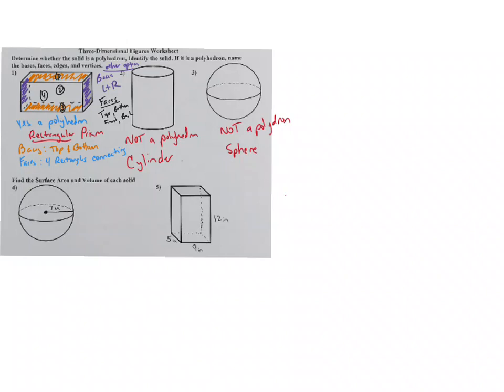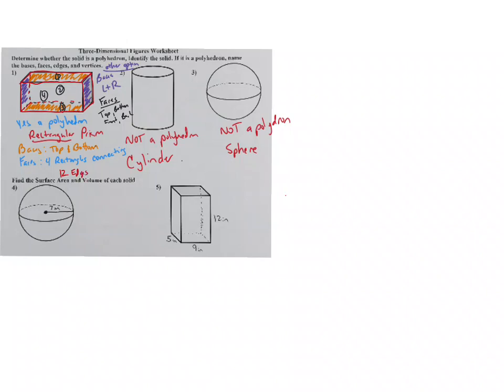Now, the edges, that's all the line segments. So there's an edge, that's 1, 2, 3, 4, 5, 6, 7, 8, 9, 10, 11, 12. There are 12 edges.